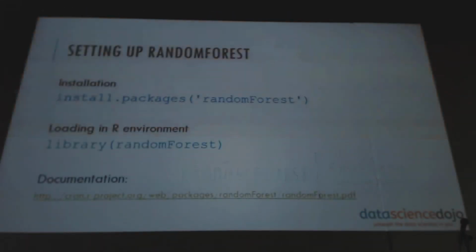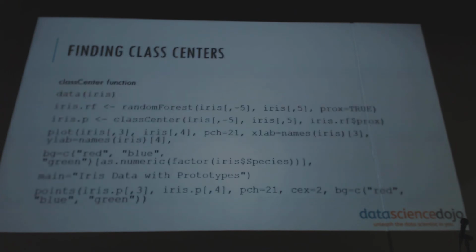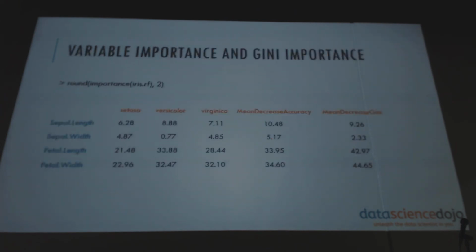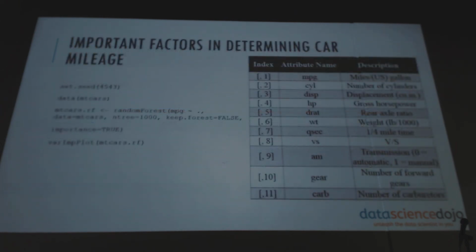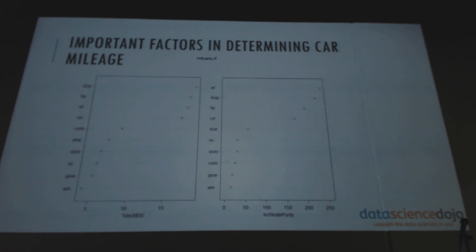You can use random forest for regression, for classification, for clustering, and for getting the importance of the variables. This one is a neat one. What this shows is that you can also get variable importance, how important a variable is in getting the classification.